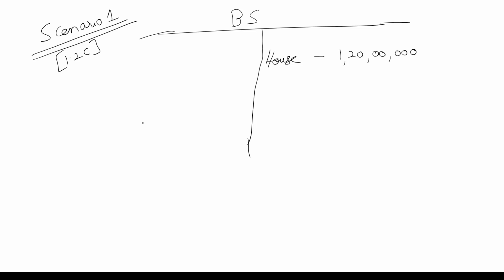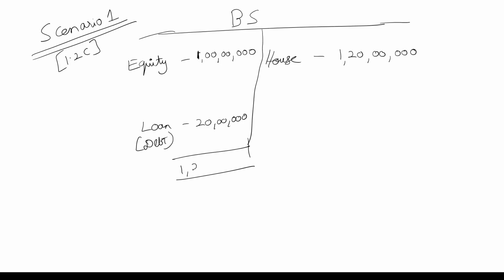You can see the loan value remains at 20 lakhs. I use the words loan and debt interchangeably. And you will have equity here, and this equity would be 1 crore, basically 100 lakhs. And now you have a balance sheet total of 1.2 crores.